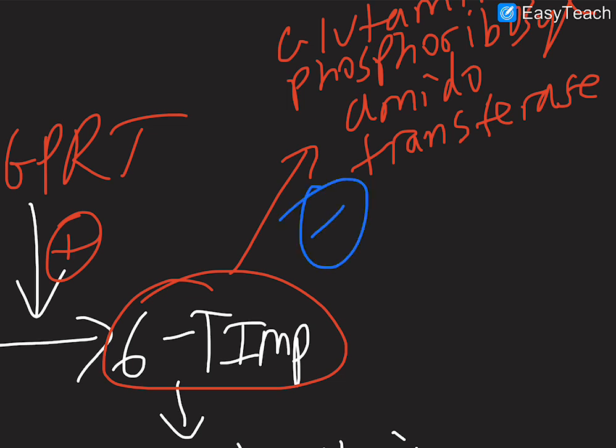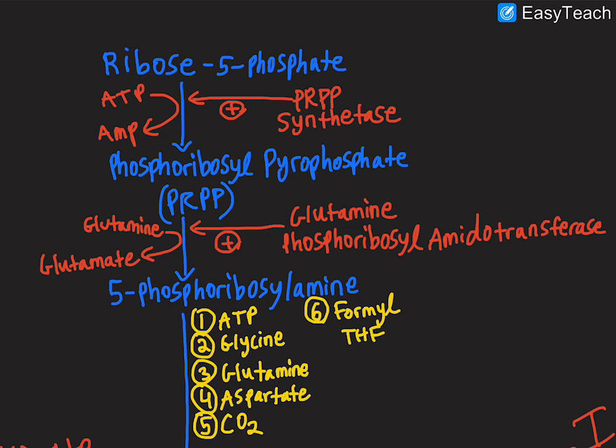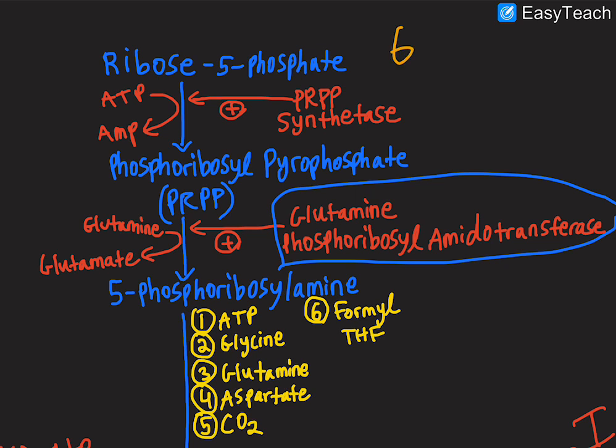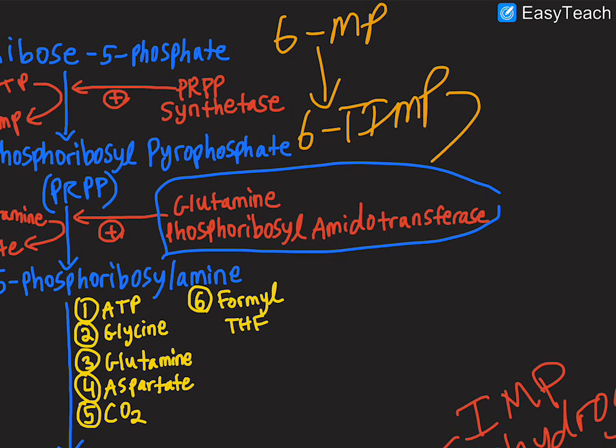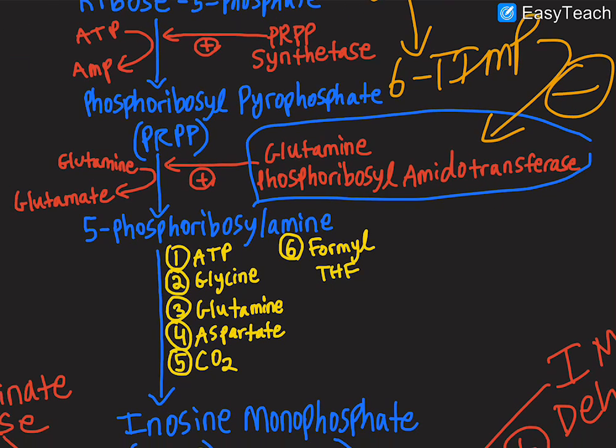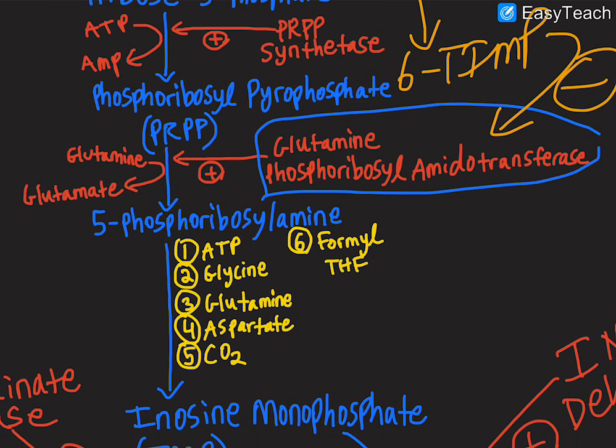So what's the after effects of that? Let's go back. So this is the enzyme that 6-TIMP will inhibit. Remember, 6-mercaptopurine, with the help of hypoxanthine guanine phosphoribosyltransferase, will get converted into 6-thioinosinic monophosphate, which will inhibit glutamine phosphoribosyl aminotransferase. If you inhibit this enzyme, look what this does.